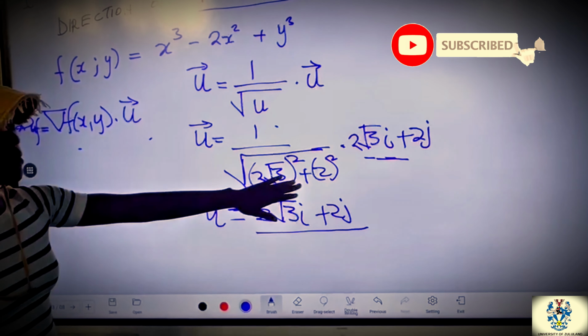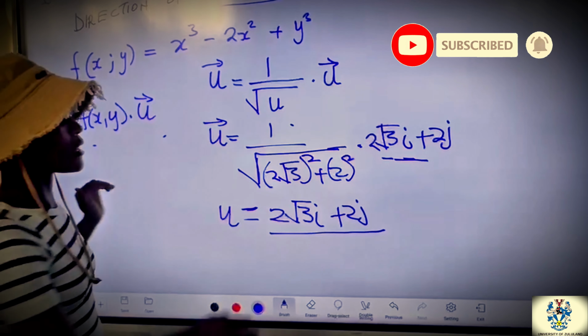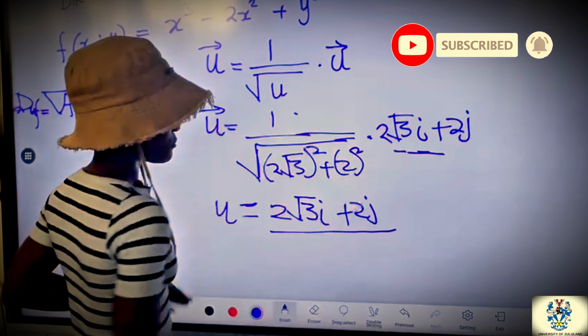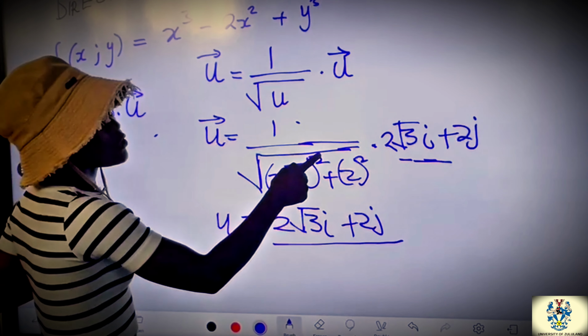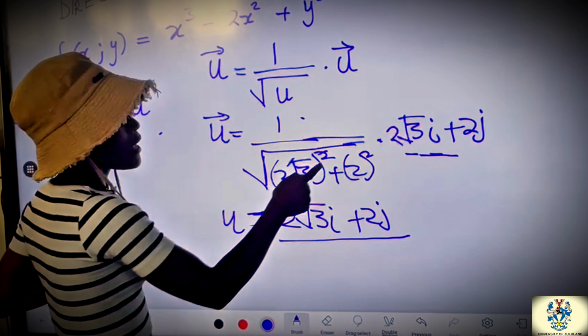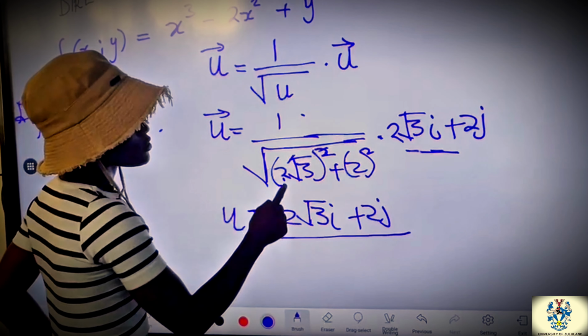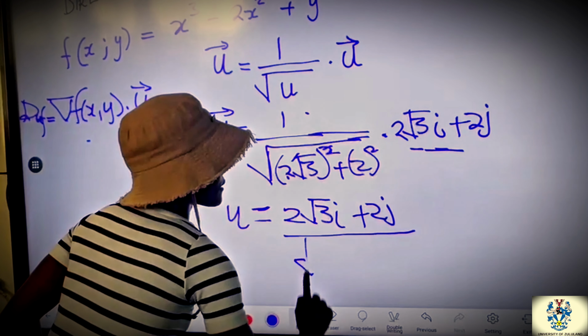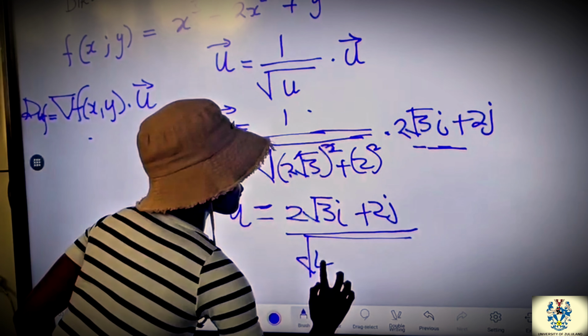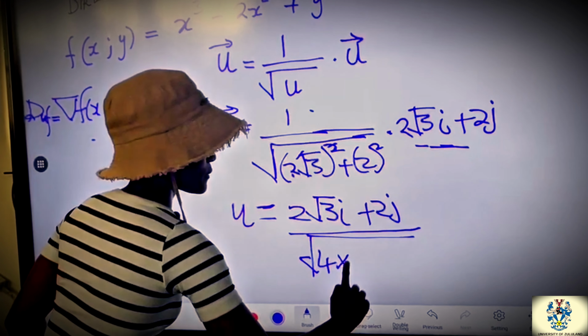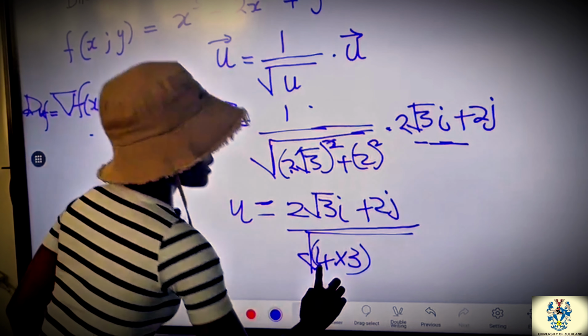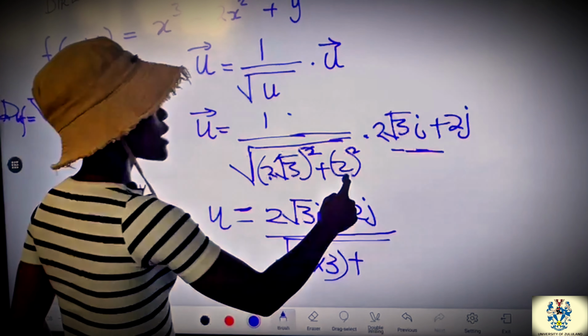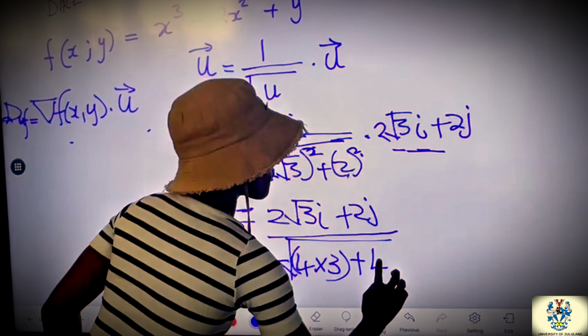Let us fix whatever is under the square root in our denominator. The 2 times 2 squared gives us 4 multiplied by 3, plus 2 squared, which is 4.